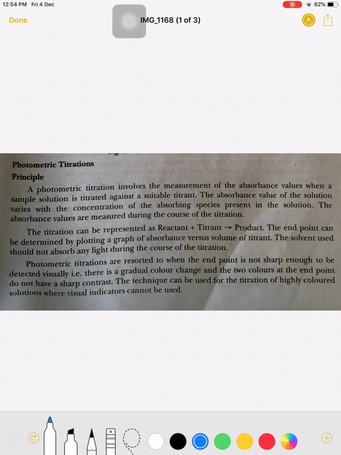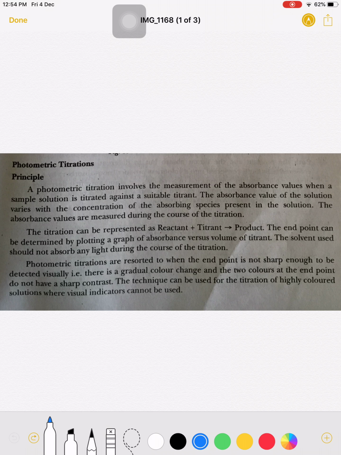So why are we using a photometric titration and when are we using it? In normal titration, if we are not visualizing the change in color, or for the colorless solution, then we are using this photometric titration to find the end point for the compounds where there is no sharp end point.